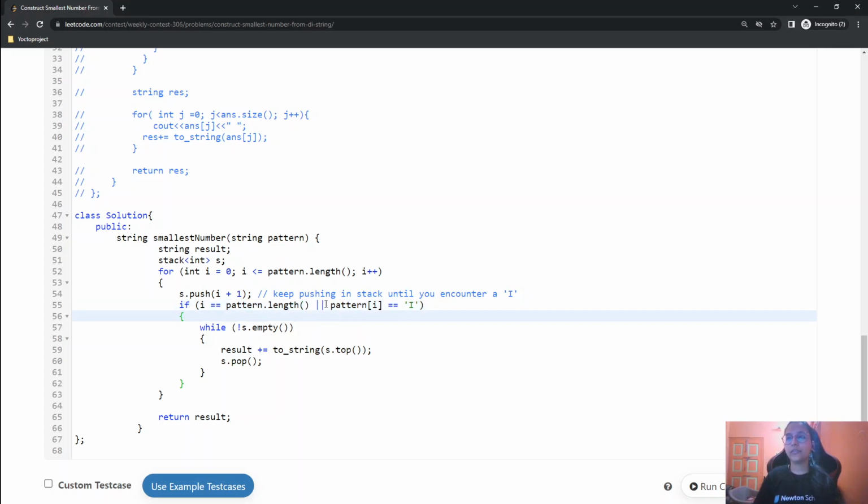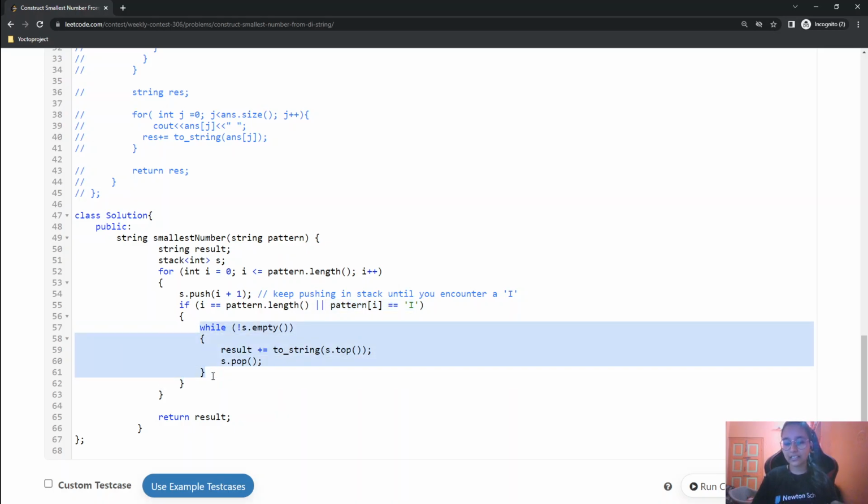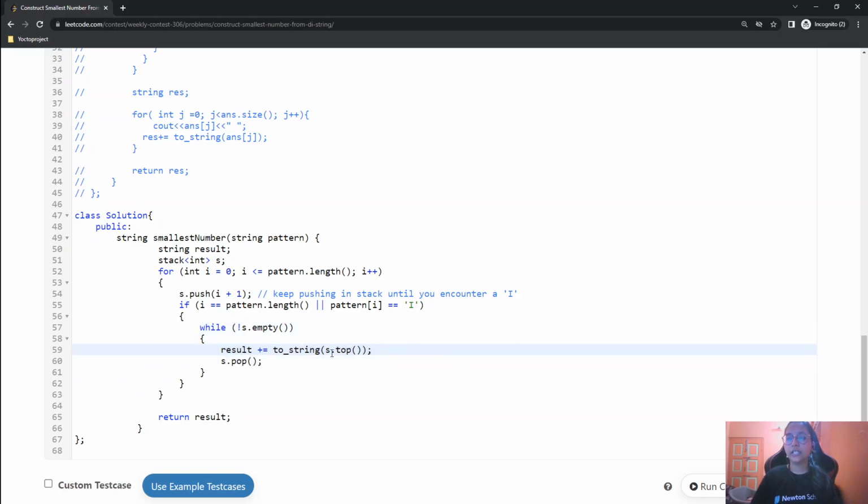Then if our pattern of i is equal to I, that is basically we encounter that now it is in increasing order. So at that particular moment we need to keep a check: while our stack is not empty, we will directly take the top integer, convert it into a string, and push it into our result, and then we will directly pop that from our stack.